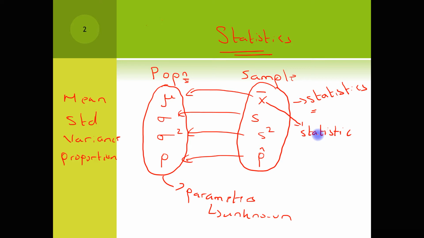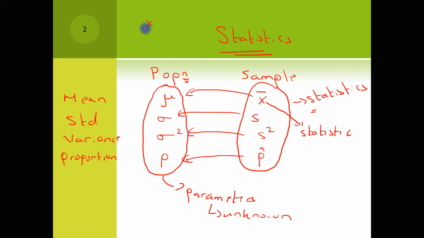Now, the rule or the formula is a rule or formula that does not contain any parameter itself. The formula that you're going to use for x bar does not contain any parameter itself. And the other thing that you need to understand is that itself, it can be considered as a random variable. And you have already learned what a random variable is.